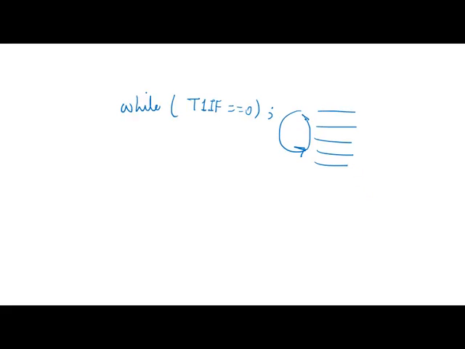Now, when you want to check for T1IF while you're checking this, now in the middle of this instruction, let's say T1IF has happened. Let's say T1IF became 1 at this point, right?